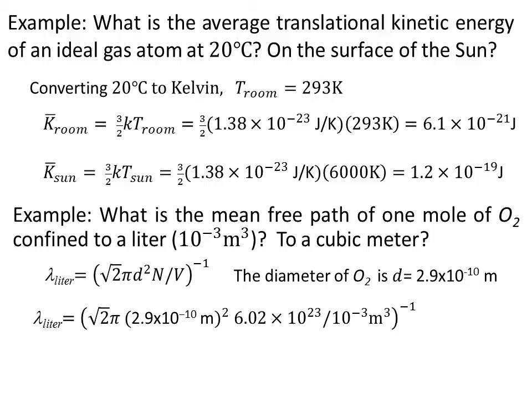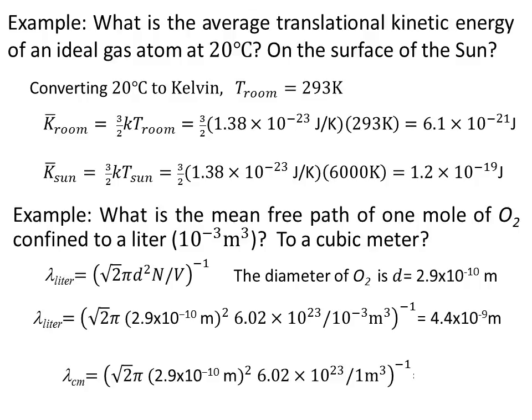Then we plug in all our values. We have the square root of 2 times pi times 2.9 times 10 to the minus 10 meters squared times 6.02 times 10 to the 23rd, the number of particles in a mole, divided by the volume. And we take 1 over that to get the mean free path, and that's equal to 4.4 times 10 to the minus 9th meters.